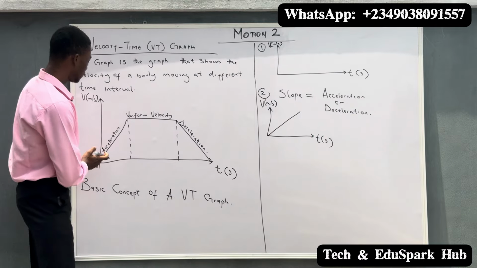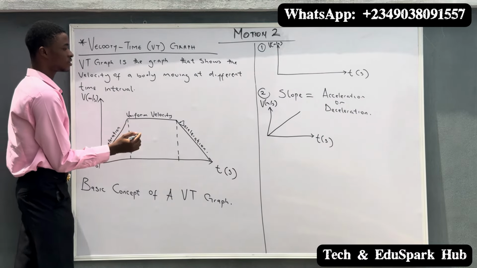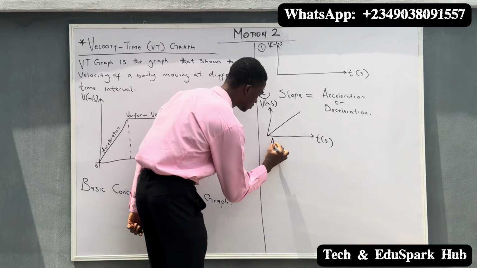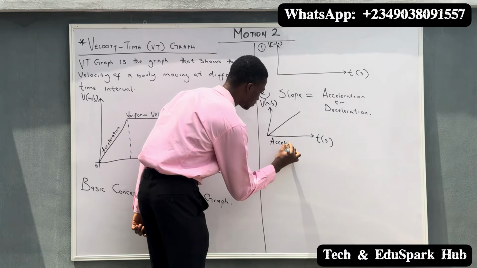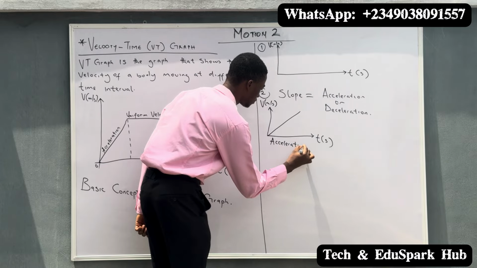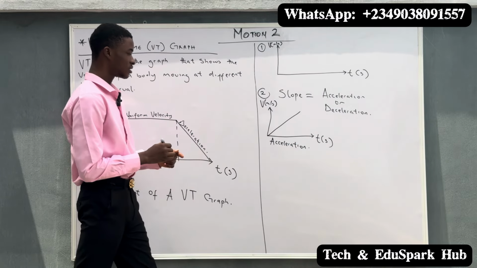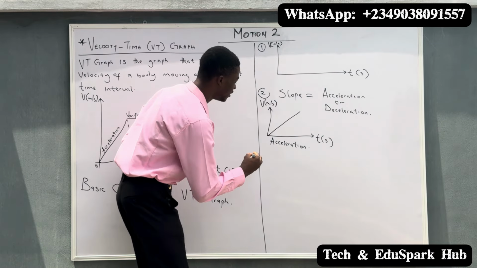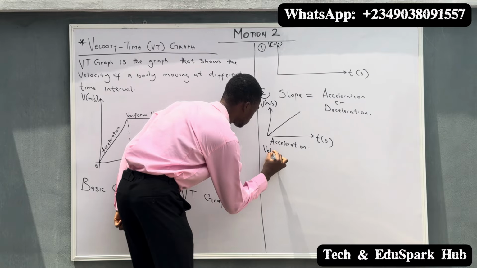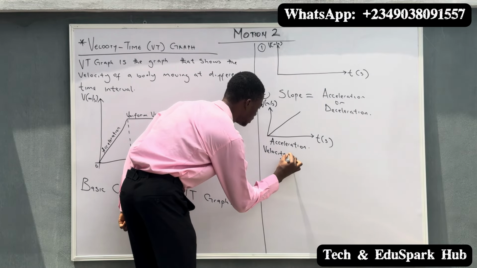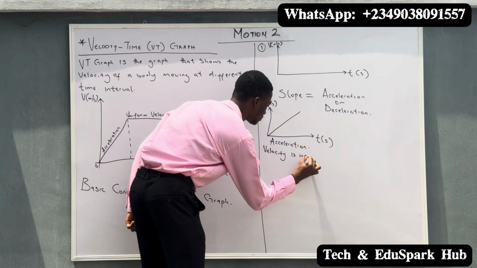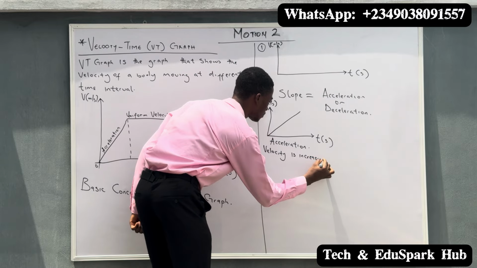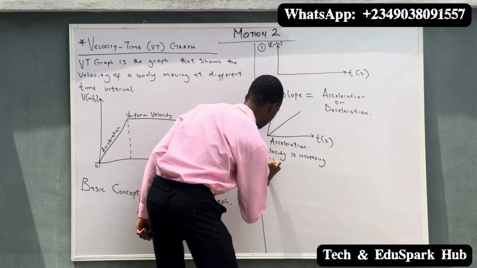So in this case, if you see a graph like this, this is the acceleration. So in this case, the velocity is increasing with time.